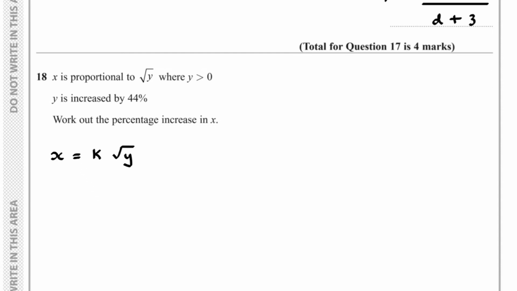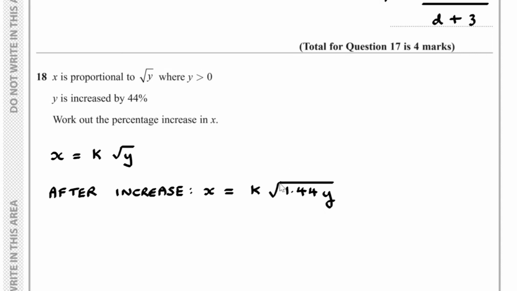Now, after the increase, we have x equals k multiplied by the square root of 1.44y. And the reason for this is because y has increased by 44%.